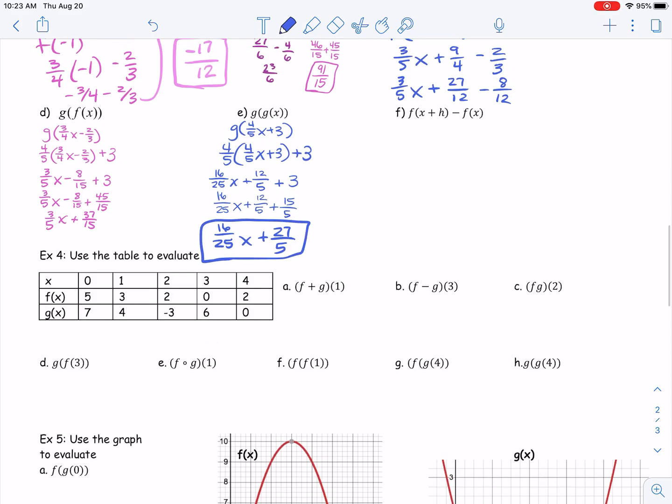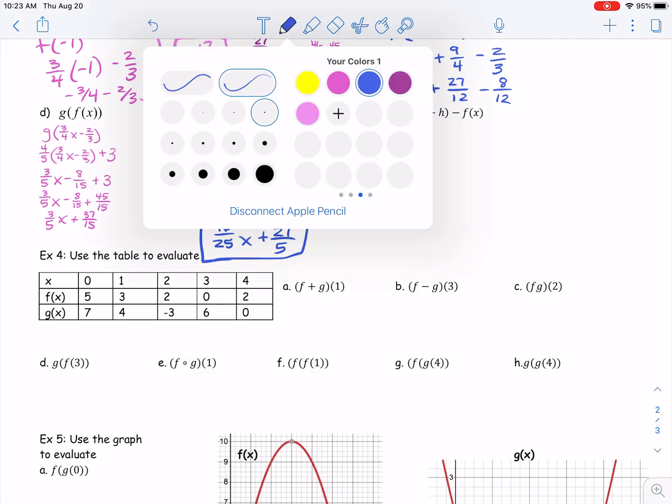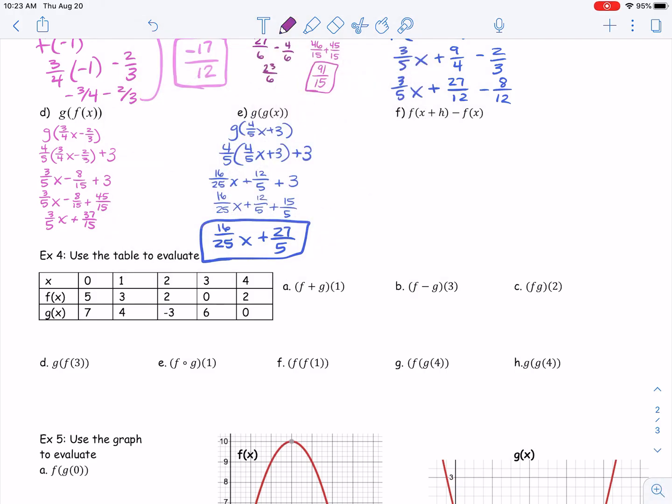And the last one in this section, f of x plus h minus f of x. So remember, the x plus h is not an operation of functions. It is your input for the function of f. So I want 3/4 times (x plus h) minus the 2/3, and then I'm minusing the entire function, 3/4 x minus 2/3.